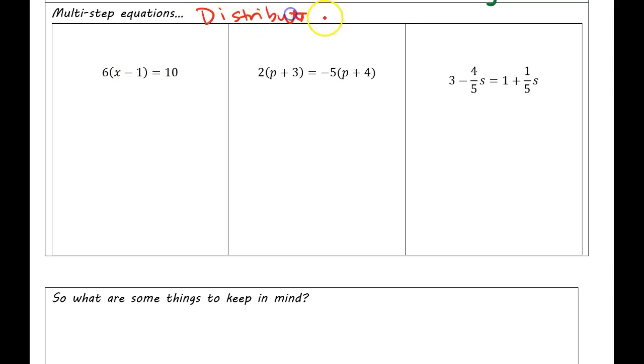Distribute first. And you probably remember from middle school that distributing means that this number is multiplied by both of those in the parentheses. So what we're going to do is do 6 times x and then 6 times negative 1. Well, 6 times x is 6x, okay? 6 times negative 1 is a minus 6.